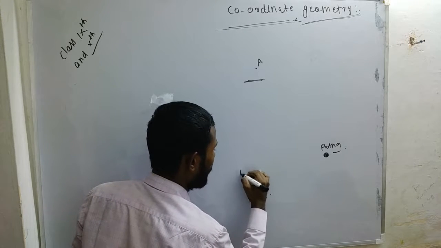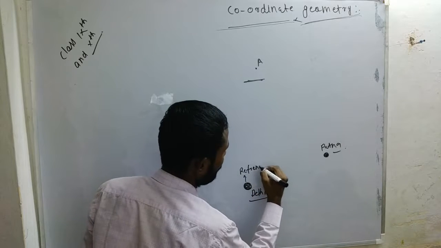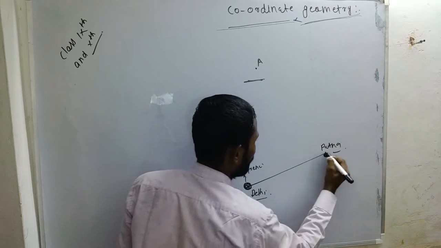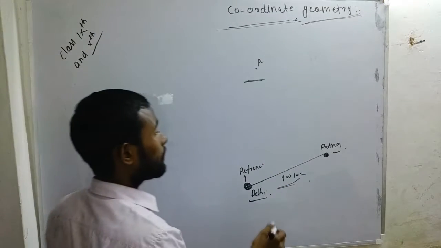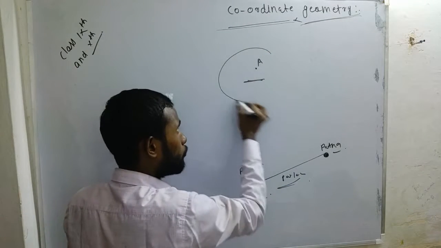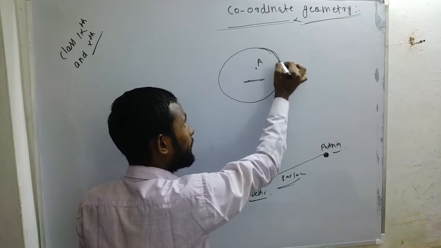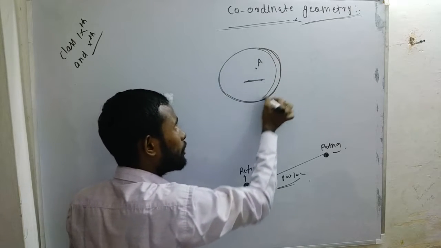This fixed point is called a reference point. After it, we say that from Delhi to Patna is 800 kilometers. Is there any process by which we can give the identity of this point?